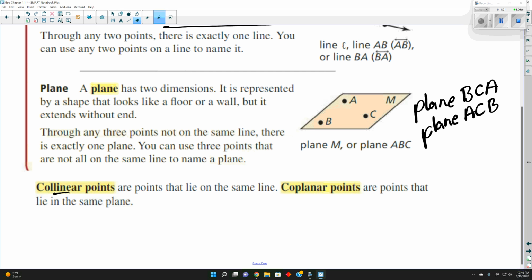And you will find a lot of times in mathematics, they will name it exactly what it is. And that's true for science too. Science and math go hand in hand. They really like naming things the exact thing that they are. Coplanar. Planar, plane, on the same plane. Points that are on the same plane are coplanar. Points that are on the same line are collinear. Questions on this here? We good with this so far?